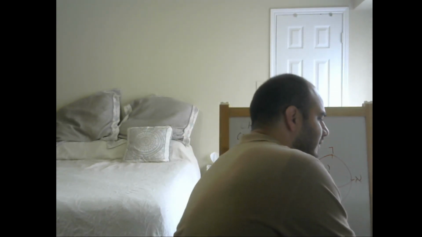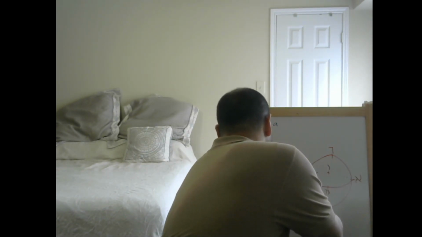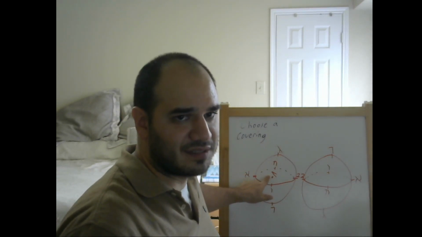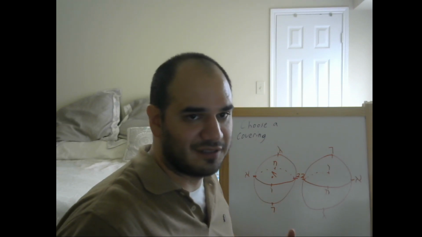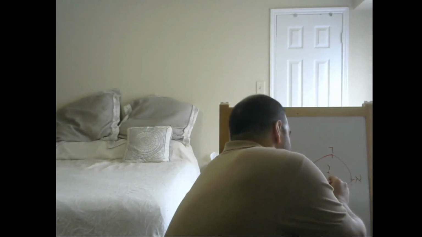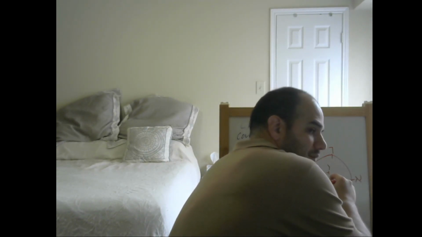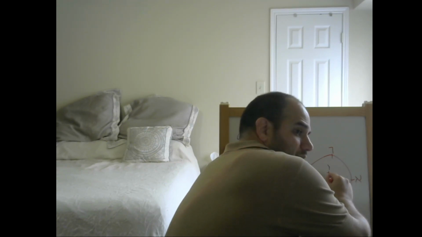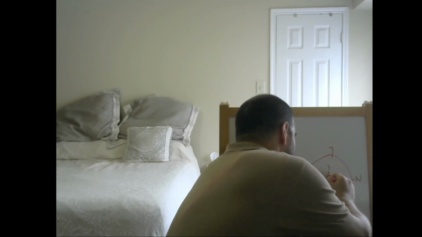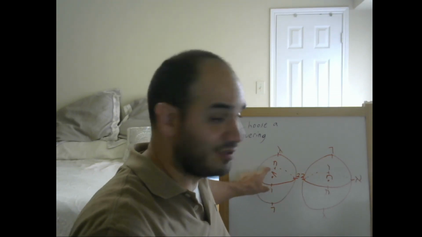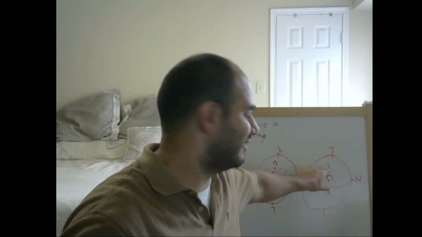And then Zion would represent the center of Australis, and then Het would represent the center of Borealis. So the southern sphere and the northern sphere.